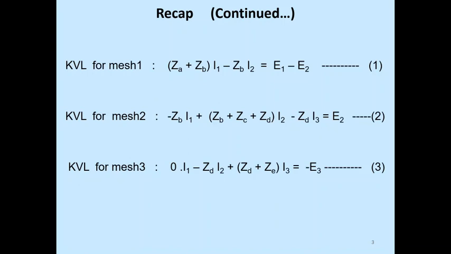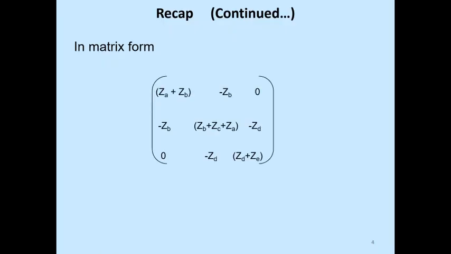We already discussed this in the last class. These three mesh equations we can put into matrix form, that is Z into I is equal to V. The Z matrix into the current matrix is equal to the voltage matrix. ZA plus ZB, minus ZB, 0 are the coefficients of the first equation.